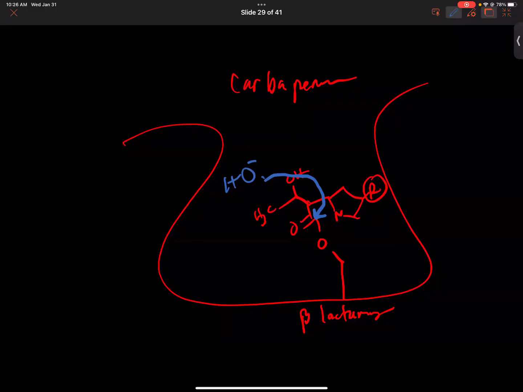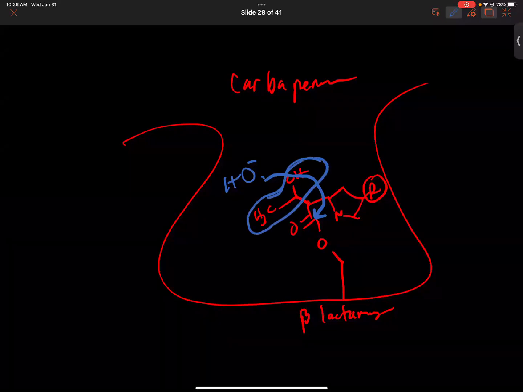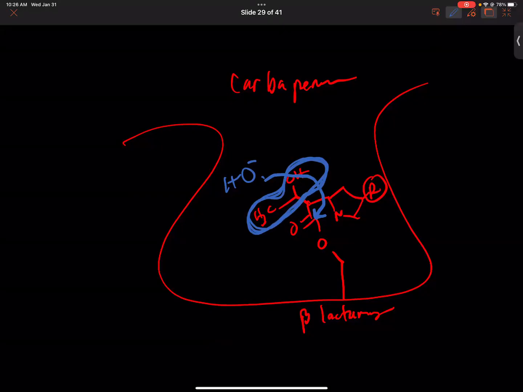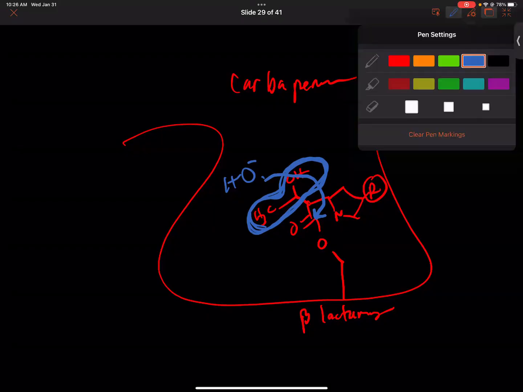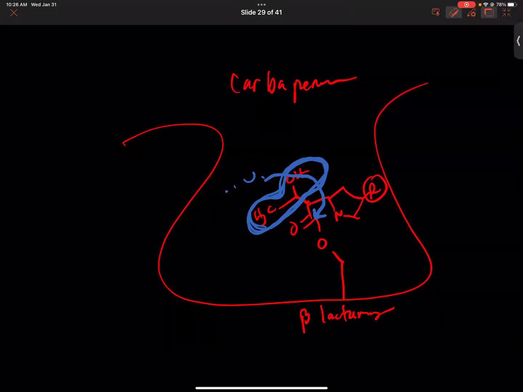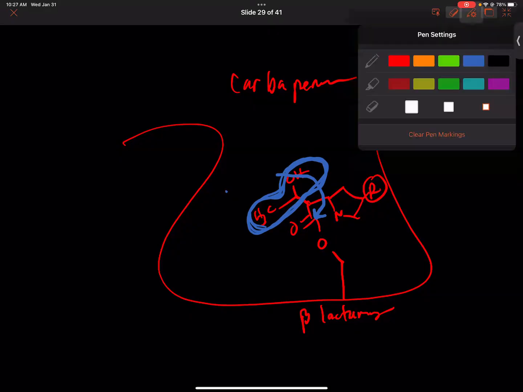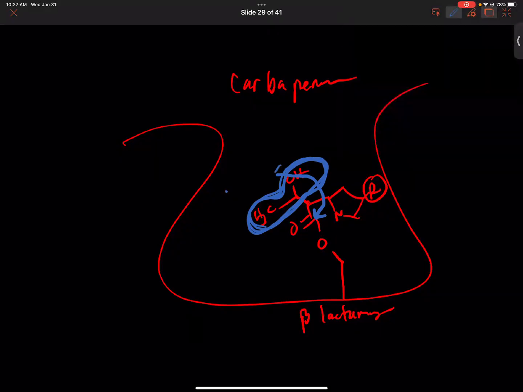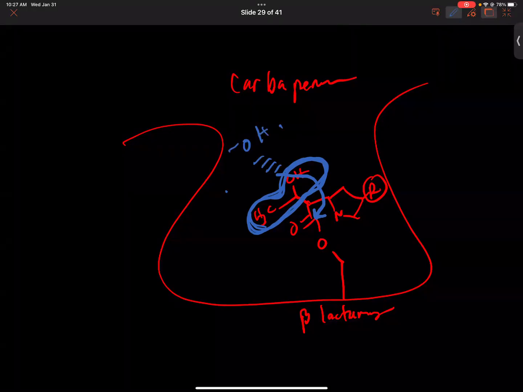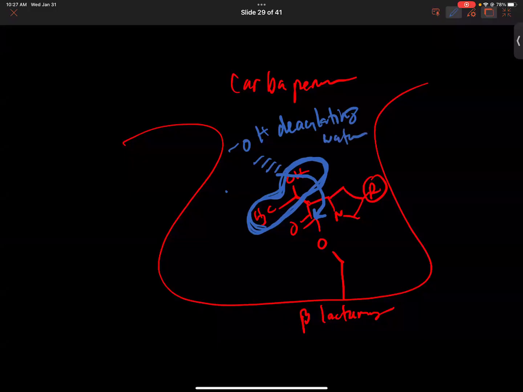Okay. But what we see is that this hydroxyethyl group, as a component of the carbapenems, does some interesting things. What it ultimately does is it interacts with and skews this de-acylating water out of position.